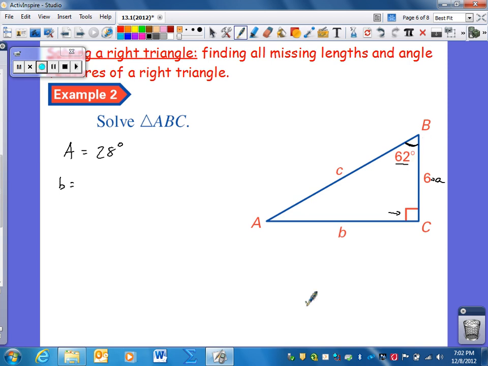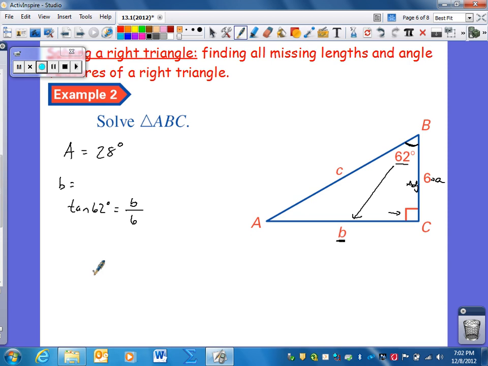If I want to find B, I can look at opposite and adjacent. What trig function relates opposite and adjacent? And that would be tangent. So the tangent of 62 equals opposite over adjacent. So in this case, it's b over 6.